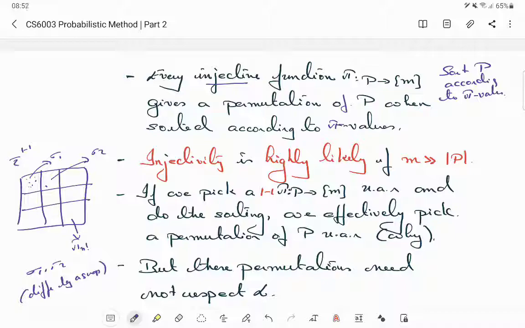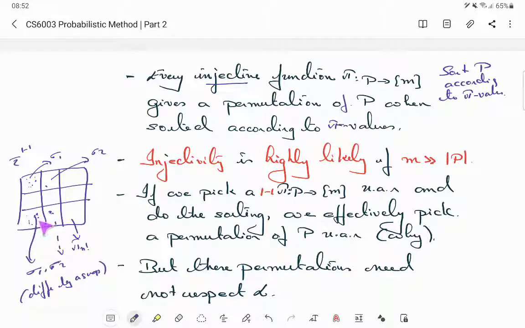that for all those functions which map to sigma 1, I can convert that to a function which maps to sigma 2 by swapping those two values corresponding to the same location, where you can move from sigma 2 to sigma 1 by doing a swap. So sigma 1 to sigma 2 you do by doing a particular swap.